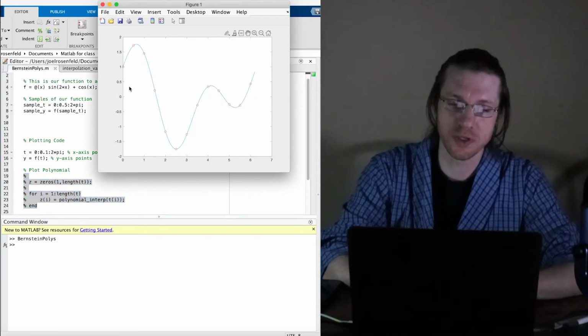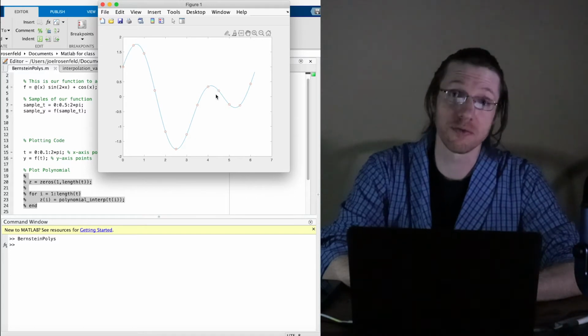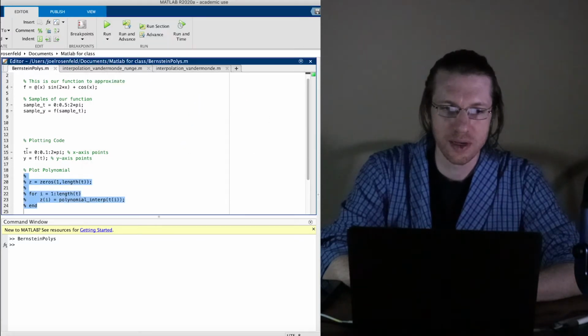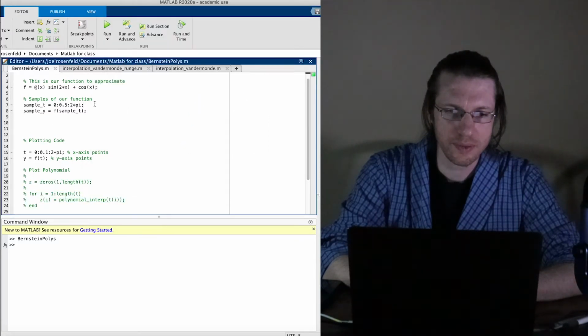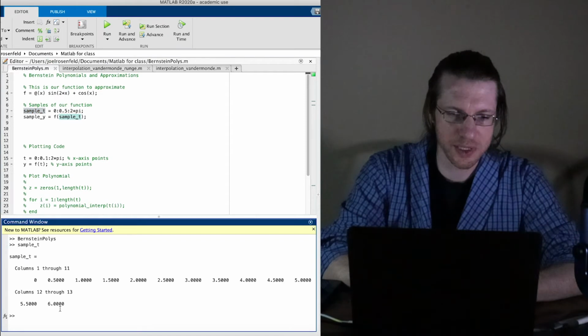Again, same function we keep looking at. These are our samples. They are evenly spaced, and that fits well for the Bernstein polynomials. And there we go. I'm just curious to see how far sample t goes.